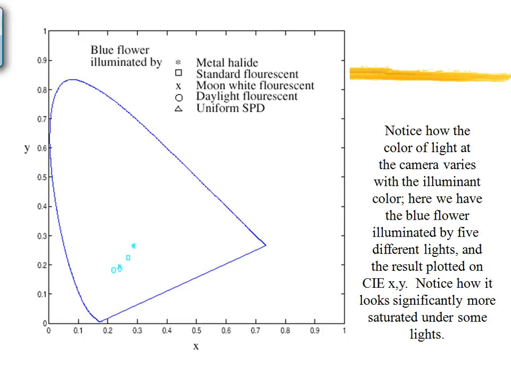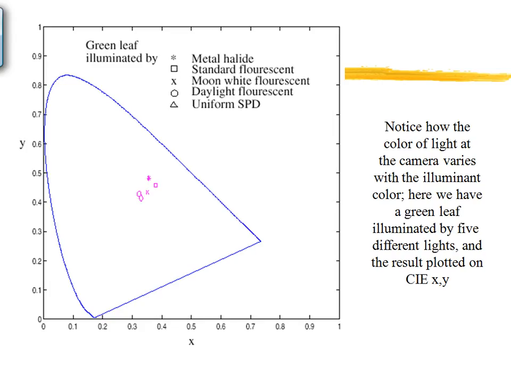So if I look at an object under green light, or if I look at the same object under white light, yes, my perceived color is different, but there is a proportional shift in my perception because the underlying object color is the same. And people have done this for multiple kinds of objects.